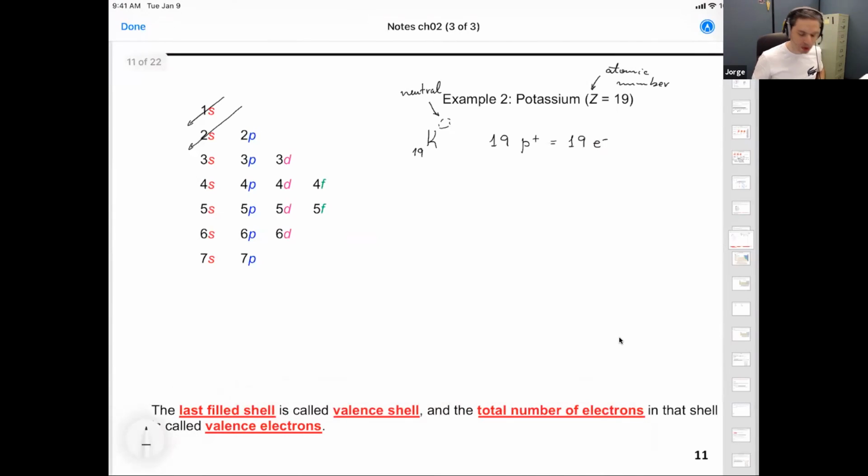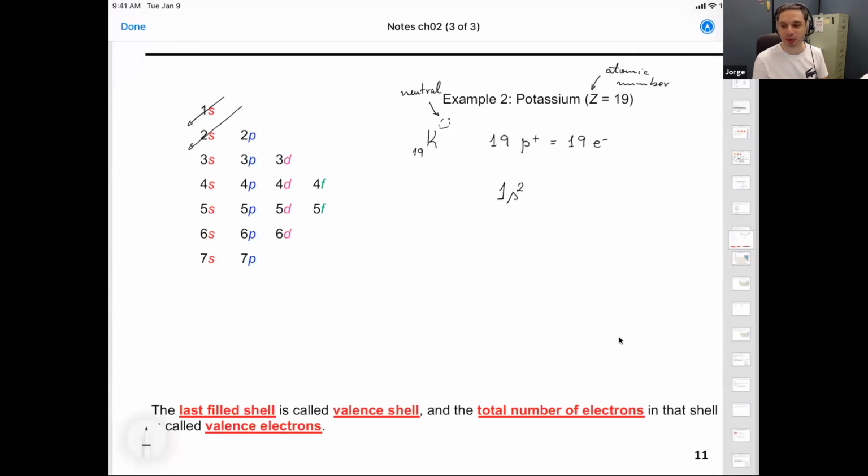Okay, so the first step here is always to determine the number of electrons. Pay attention to the charge of the element, okay? To make sure you get the right number. Now that we know that we have 19 electrons, let's distribute these electrons among the shells and subshells. Always start from the lowest energy subshell, which is always going to be the 1s.